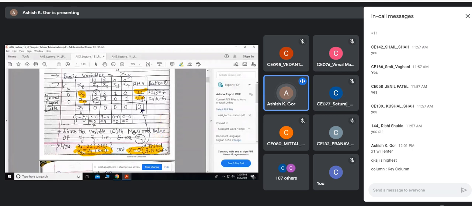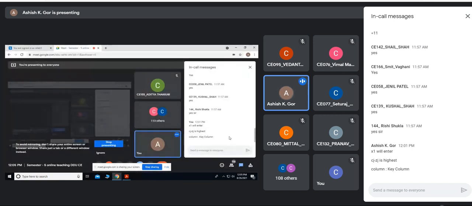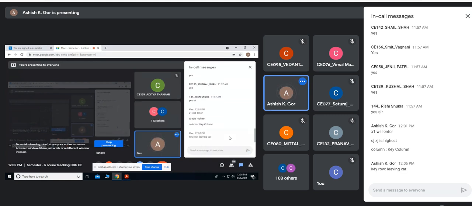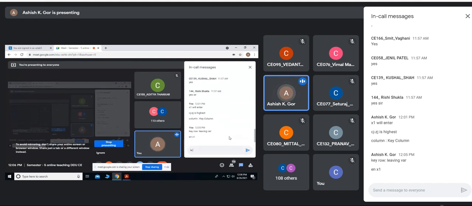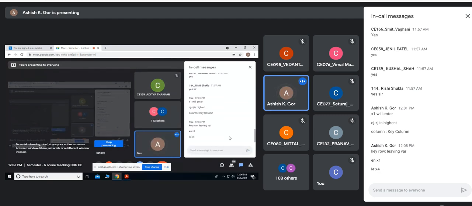One important thing I want to tell you: this is a key column, corresponding to the entering variable, and the row corresponding to the leaving variable is called a key row. Here the entering variable is x1 and the leaving variable is x4. At the intersection of this key row and key column, there is something known as a pivot.